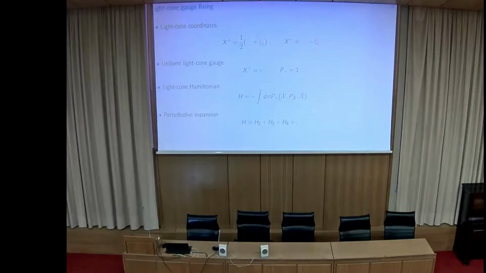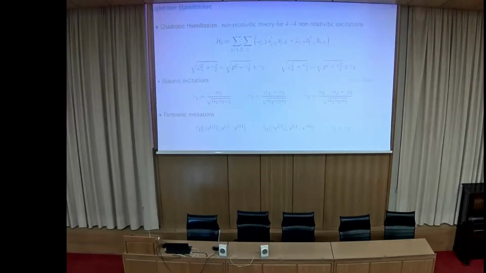Then solving for P plus gives the Hamiltonian of the theory, which usually has a very complicated expression. A way to proceed is to look at a perturbative expansion where H will have some quadratic piece, and then we can perturbatively quantize the theory. This is also the approach that was taken yesterday.